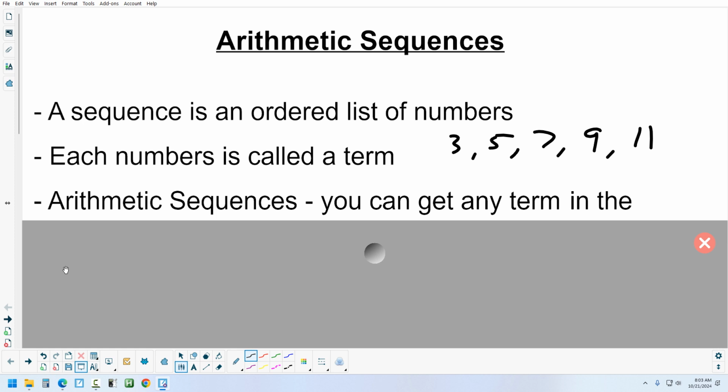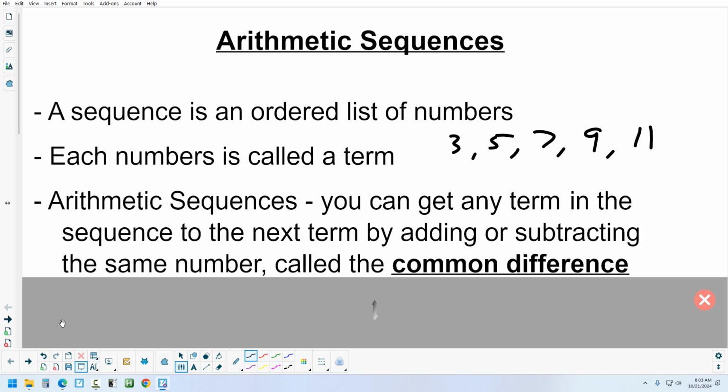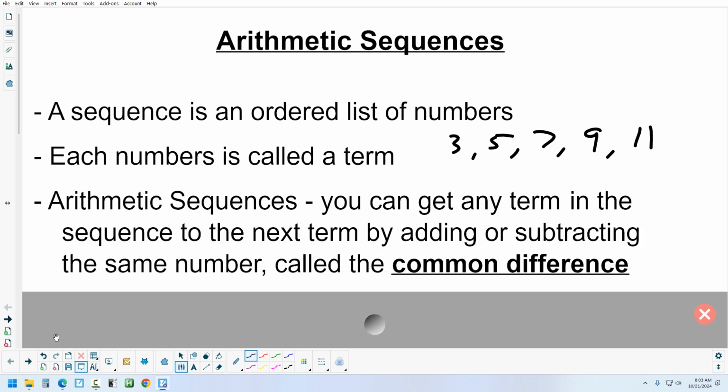So what makes something an arithmetic sequence? The way that you get from one term to the next is you have to add or subtract. To be arithmetic, the rule has to be that you are adding or subtracting to get from one term to the next. So let's look at the pattern that I wrote down.